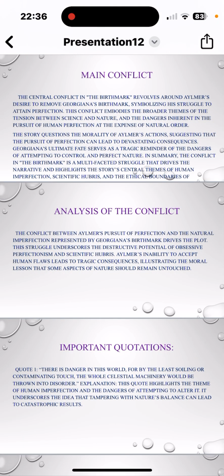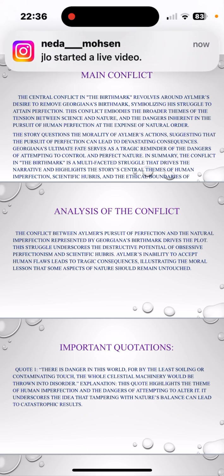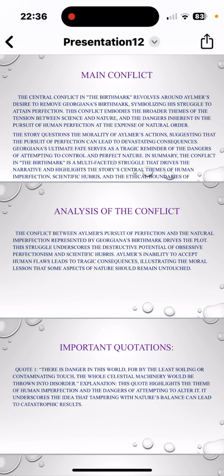In the analysis of the conflict, it highlights the destructive potential of obsessive perfectionism and shows the danger of scientific hubris. Aylmer's inability to accept human flaws leads to tragic consequences, and the moral lesson is that some aspects of nature must remain.